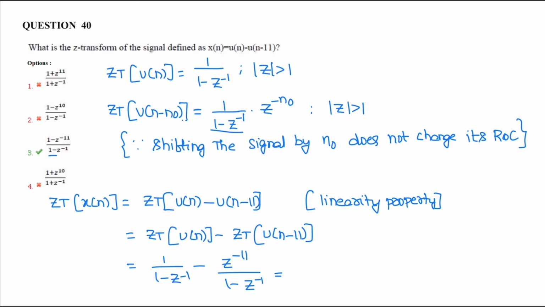The denominator is common: 1 minus z power minus 11 divided by 1 minus z inverse, and the region of convergence is mod z greater than 1. The correct option is 3: 1 minus z power minus 11 by 1 minus z inverse.